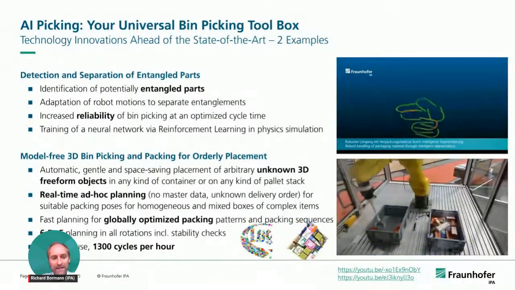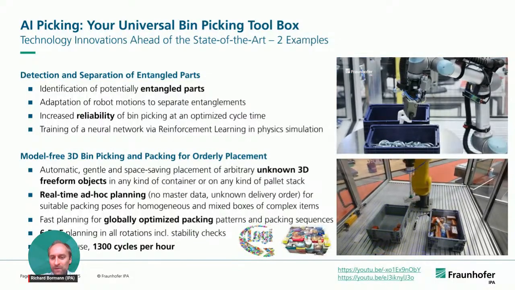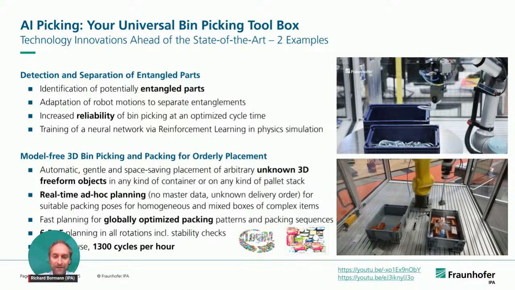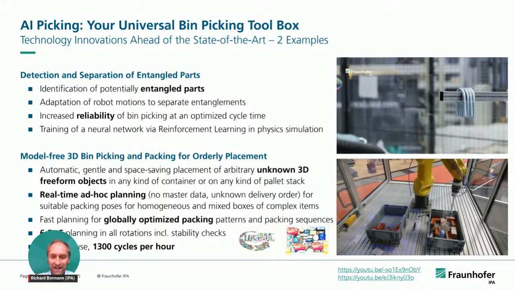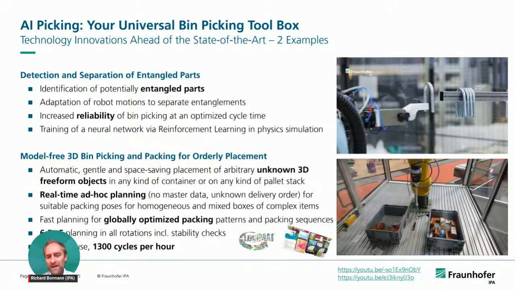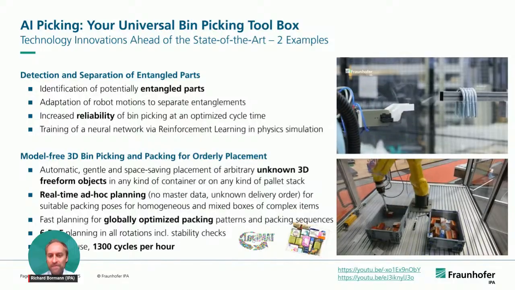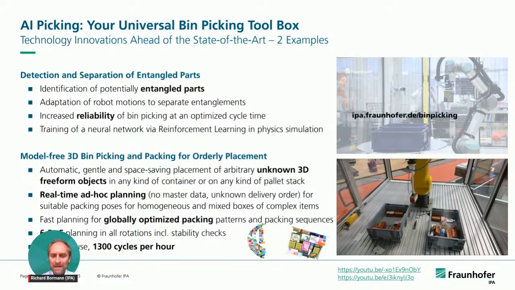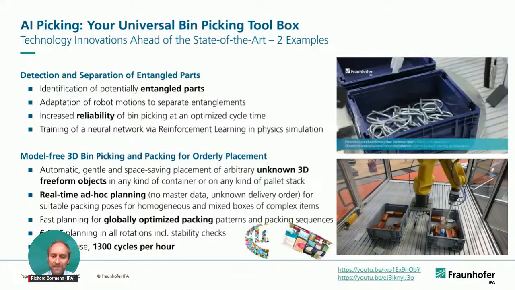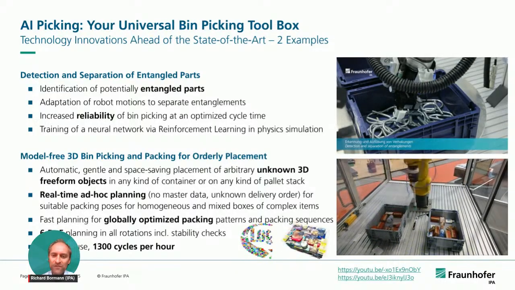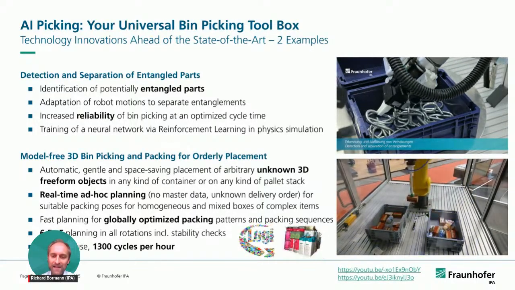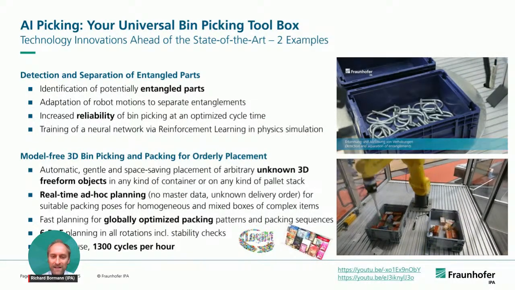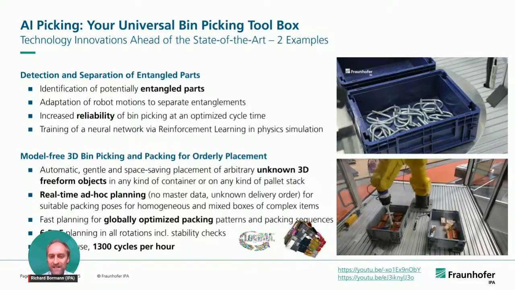And the big idea here is that we not only take out the objects from the source box in a model-free fashion and drop them randomly in the target box, but we are here concerned with a model-free placement algorithm that is also scanning these objects in the process, as you can see here with a camera in the middle, and also scanning the target box to find where there is space for exactly this geometry of the object, so that we can end up with a very tightly packed target box that you can directly ship to the client because it's very densely packed.